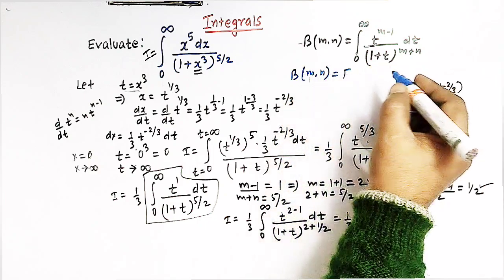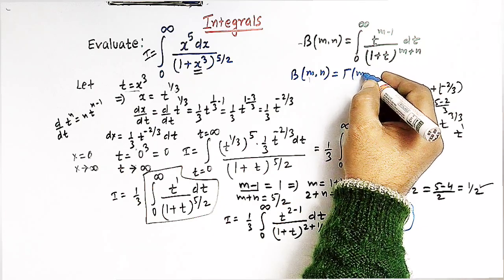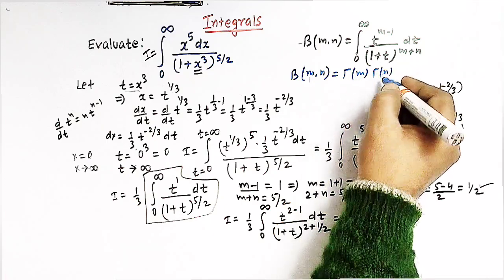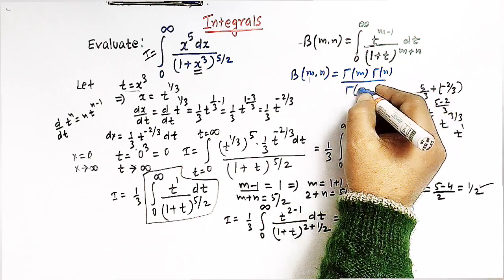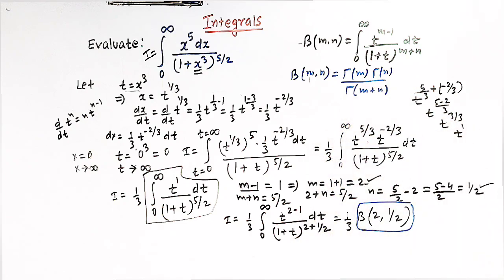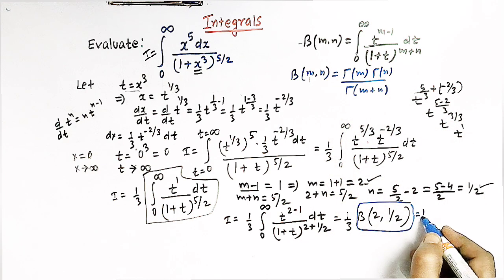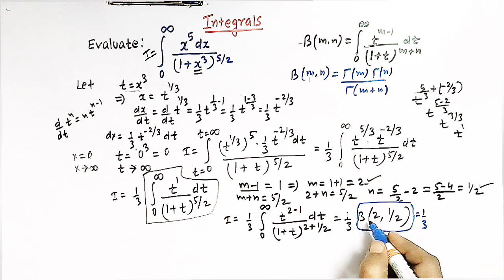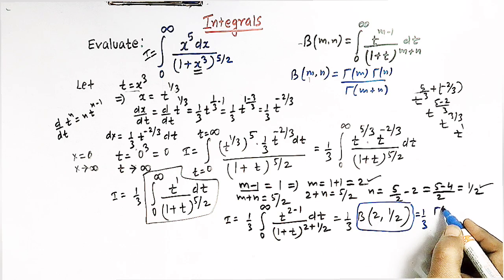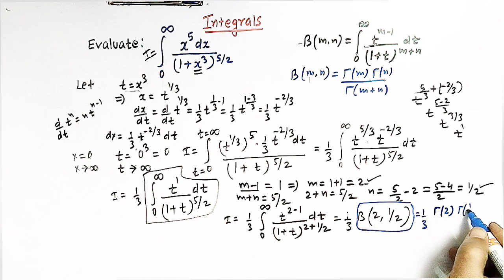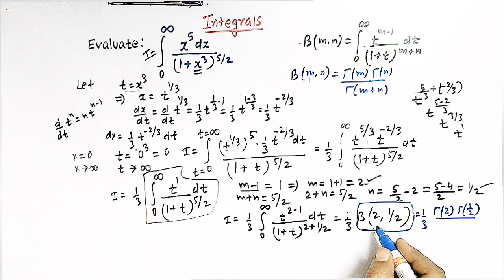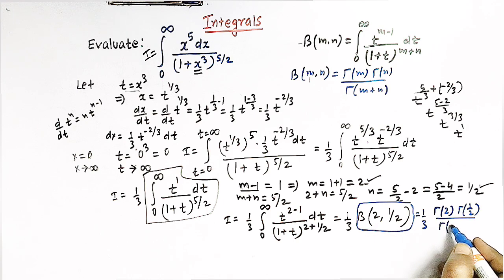So beta function is equal to gamma m times gamma n divided by gamma m plus n. So here we have 1 over 3, and then we can now write gamma 2, then we have gamma half, and in the denominator we can write gamma 2 plus half.